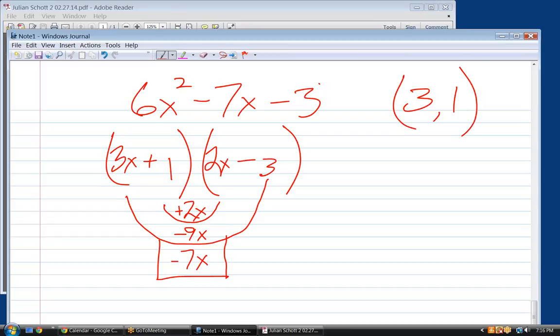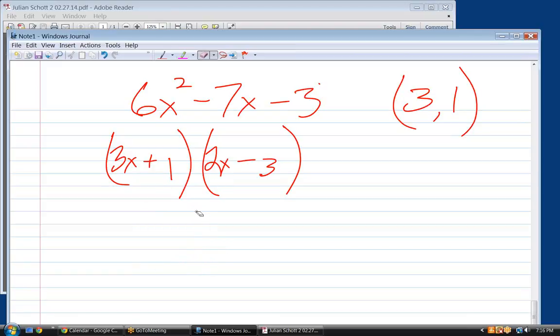And there is one caveat here. This does not have to be 3x times 2x. It could have been 6x times 1x. Okay. That didn't work. But when I factored that to begin with, I always start with the two factors that are closest together.